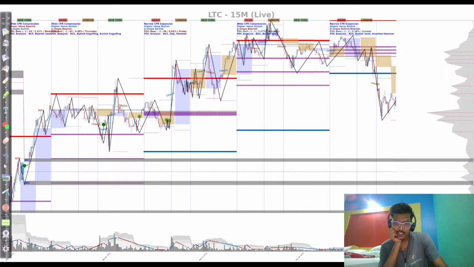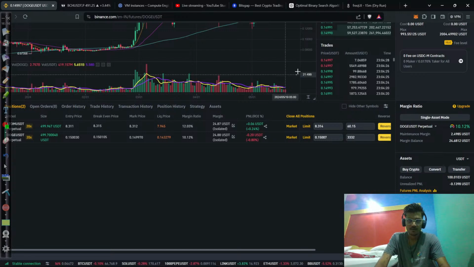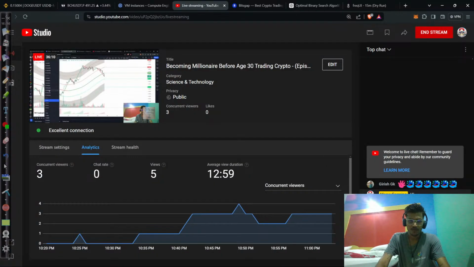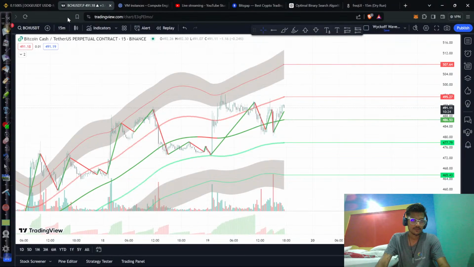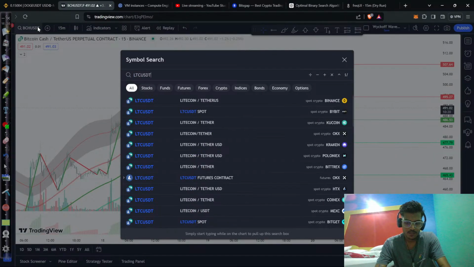I think LTC is looking good to short. Yeah. LTC USDT.